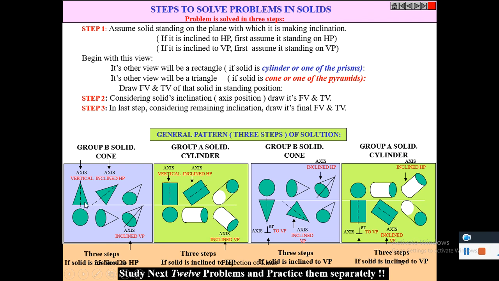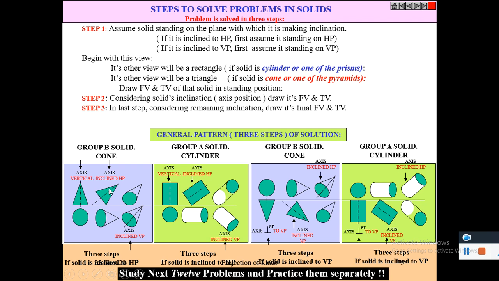So the first figure is drawn in the front view and top view such that it is resting on HP, axis perpendicular to HP. And we draw the front view and top view in such position. Then it is inclined to HP.